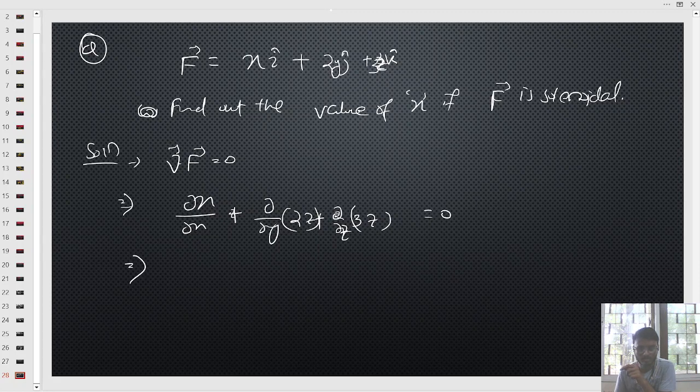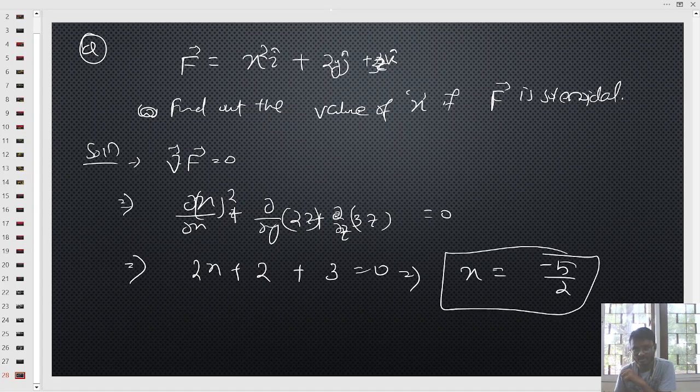Let's suppose the first component is x square, so del upon del x of x square gives 2x, plus from 2y you get 2, plus from 3z you get 3, is equal to 0. So the value of x you get is minus 5 by 2.